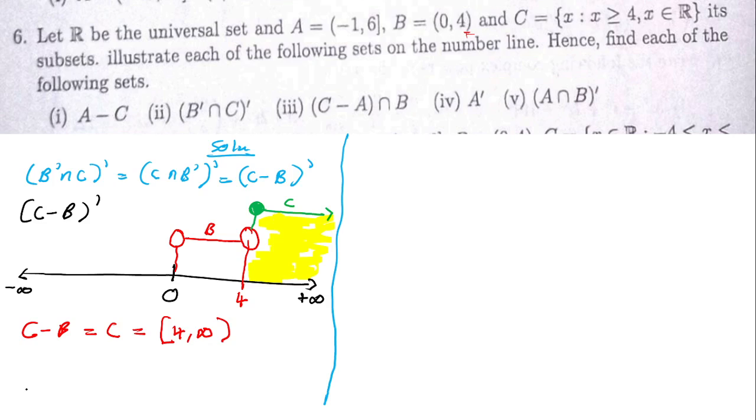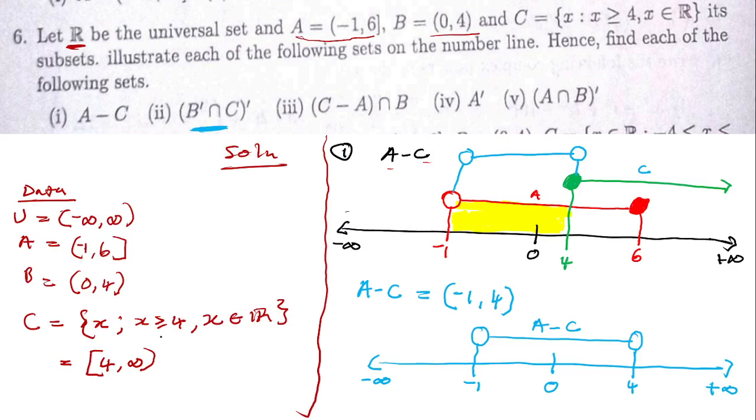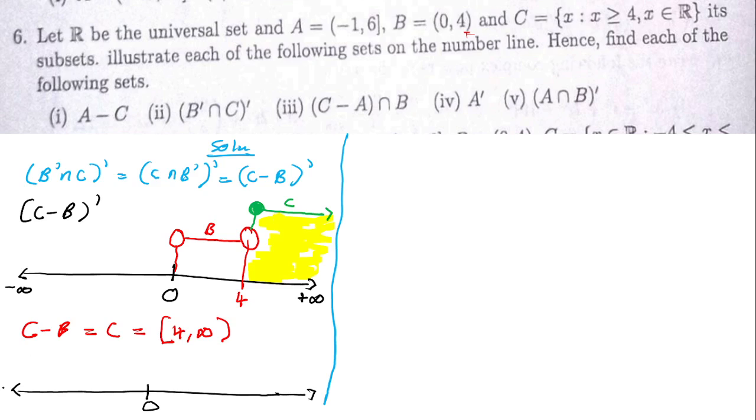So in that case, what I'll do is I'll put my number line like that. And then I make sure that I put a 0, and on this side there is negative infinity, and on the other side there is positive infinity.